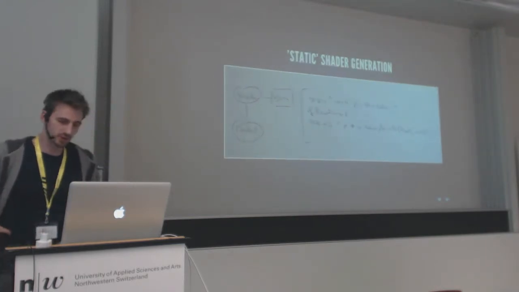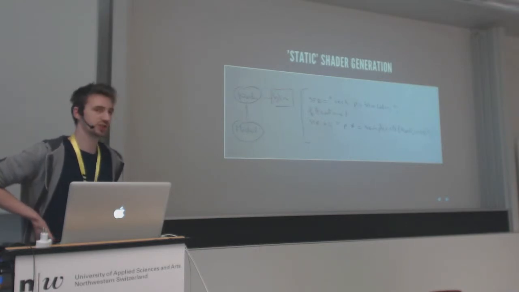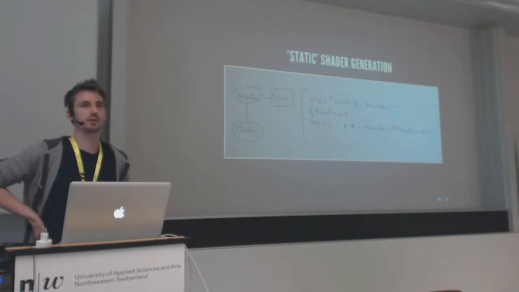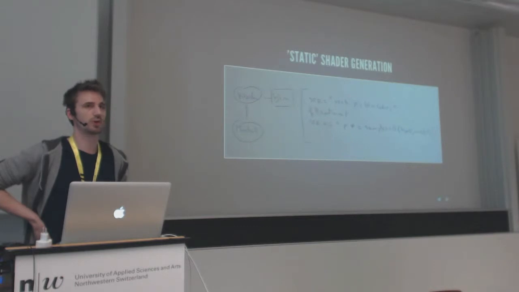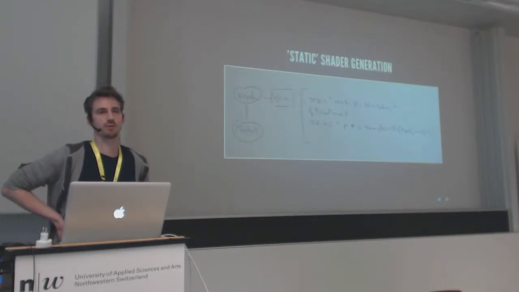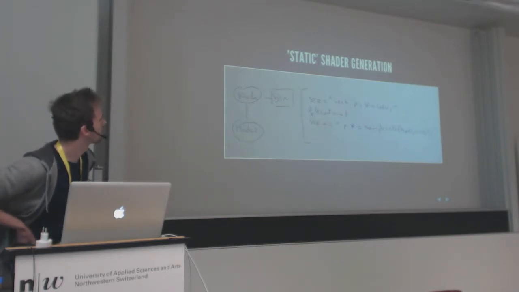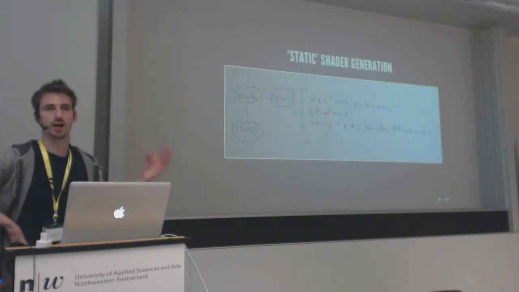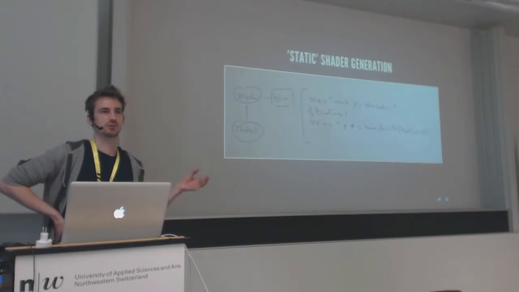In Sketchfab, one of our problems is to generate shaders. Because we have a lot of different kinds of models and materials, it's hard to have a specific shader that will work for all kinds of material. Typically, the first approach was, imagine you use a Blinn material. If you find a texture, you add the texture to a string that will generate the shaders.